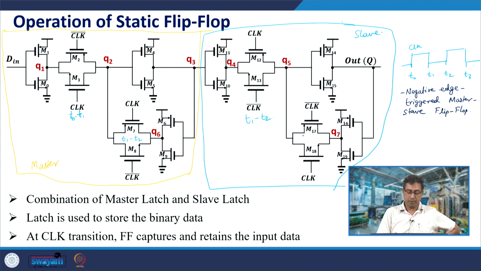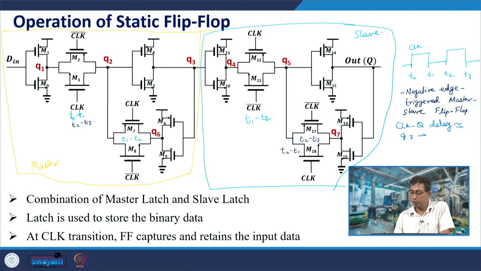The feedback transmission gate is again available between T2 and T3, or between T0 and T1. So, what is the clock to Q delay? Clock to Q delay is approximately the delay from Q3 to output Q when the clock turns low, that is, clock bar turns high.